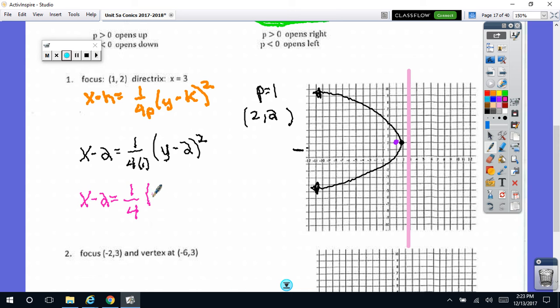Over 4 negative y minus 2 squared. Again, it's negative because you're opening that direction.